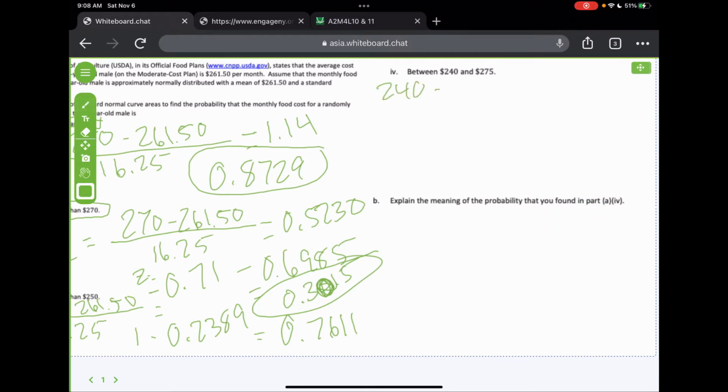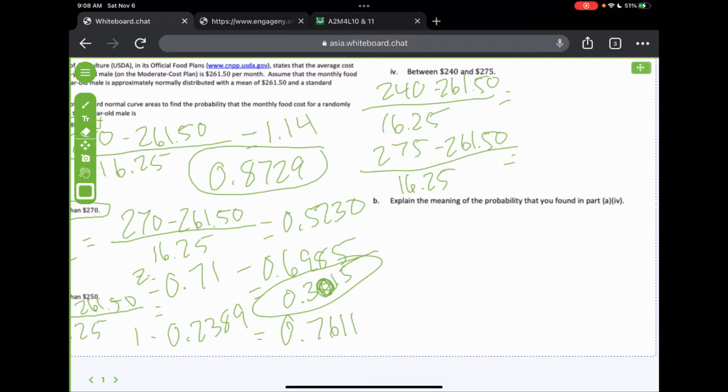240 minus $261.50 divided by $16.25. And then we're going to do $275 minus $261.50 over $16.25. And that's going to give us our z-score. So the z-score for the 275 is the one we want, right? Because that's going to be everything to the left.